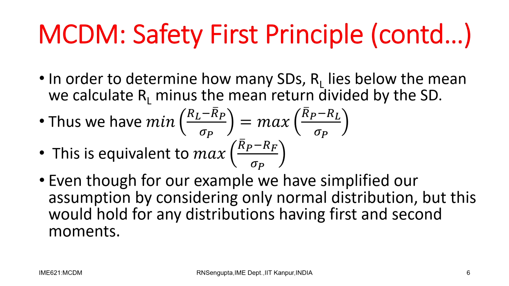So, you want to find out the excess of the average return divided by the standard deviation, or the difference in the negative side of RL and RP bar divided by standard deviation. That means, we are trying to find out so called efficiency, because if standard deviation is very high or low, it should also come into the picture. Thus, we have to minimize the value as given here.